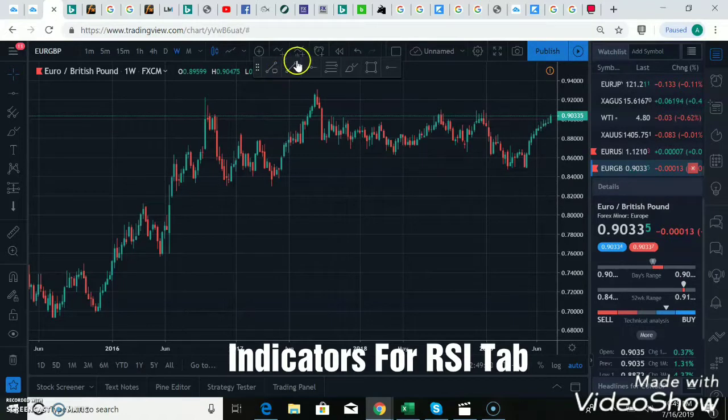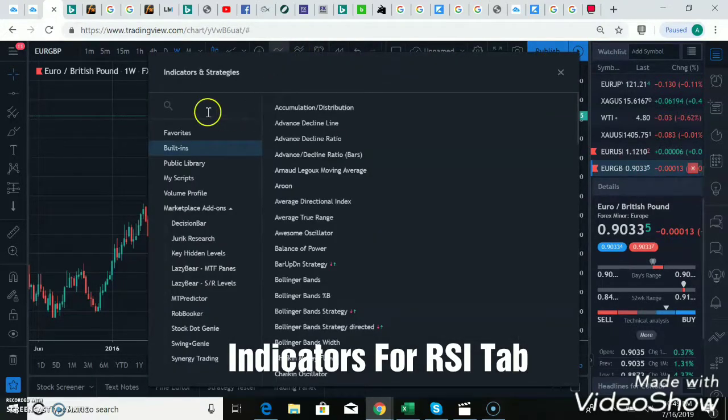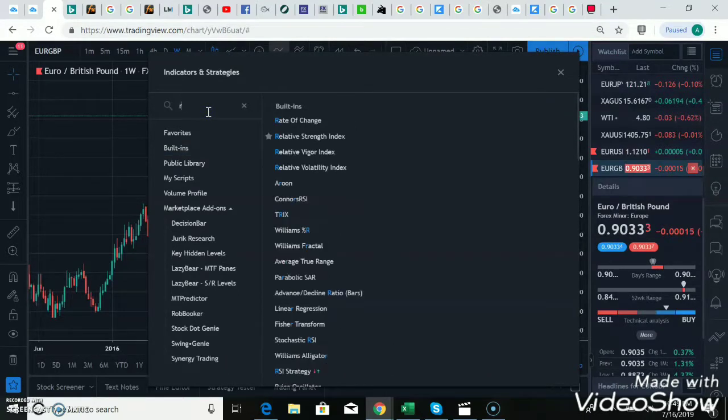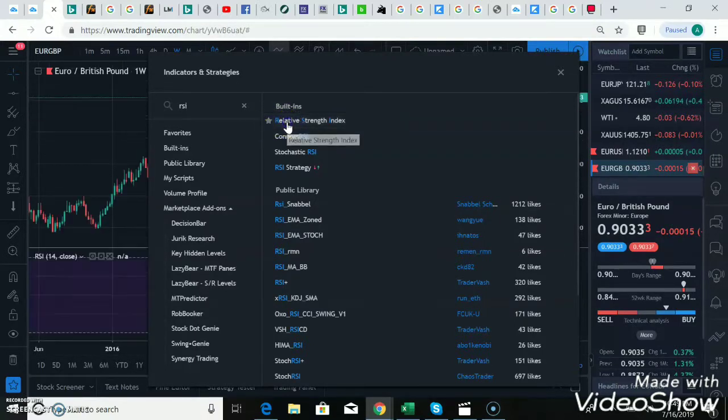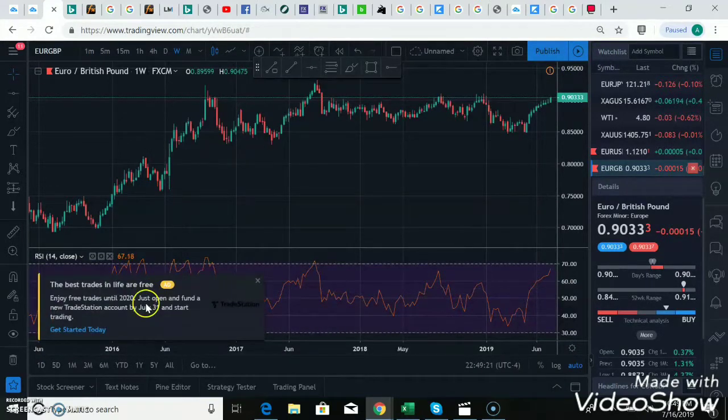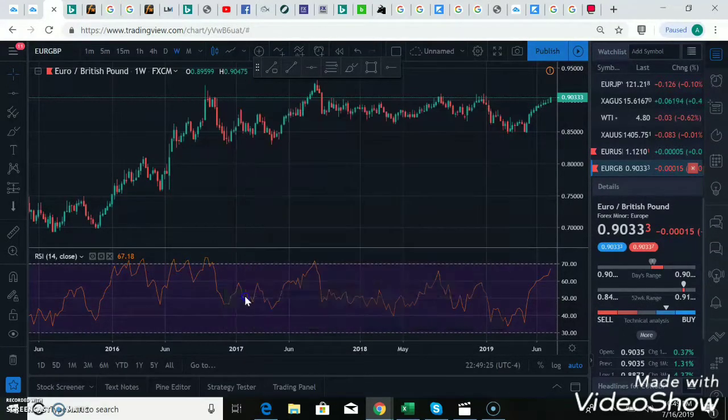So the first thing I'll click is here in the search bar, and I'll put RSI, Relative Strength Index, right here. If I want to make it my favorite, I click here and make it my favorite, okay? So I click that. Now we see underneath here, RSI popped up, okay?